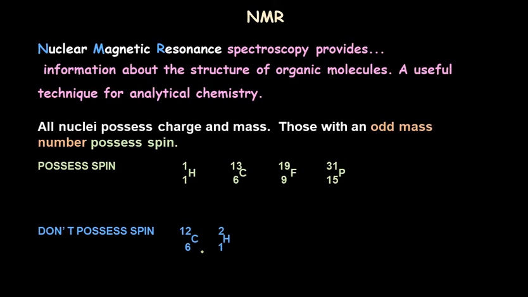But other nuclei like carbon 12 or hydrogen with the even mass number of 2, which we also call deuterium, will not possess the spin. Only hydrogen with mass number 1, carbon with mass number 13 and other elements with odd mass numbers will possess the spin.